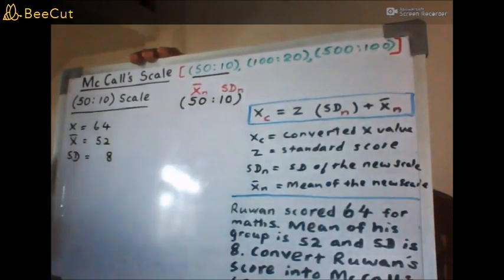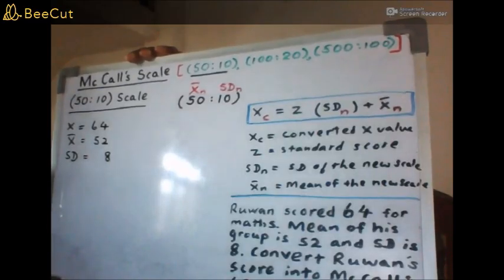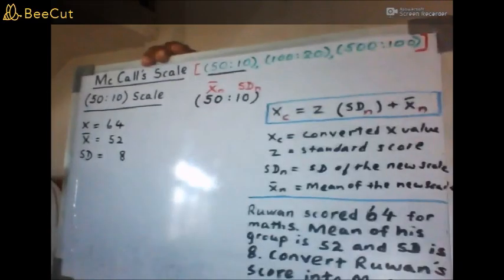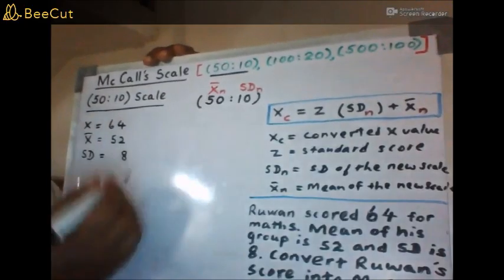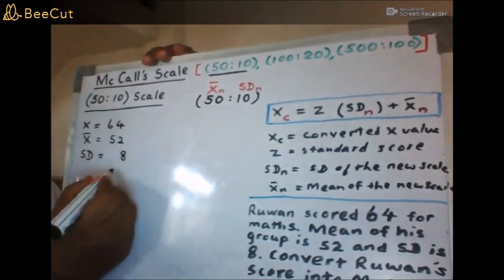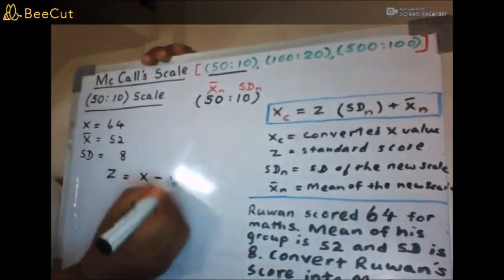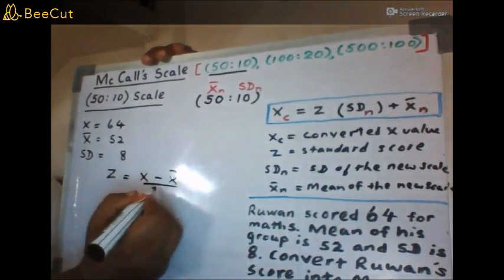Now the formula is this. Actually, this is not a new formula. You know that Z equals x minus x bar divided by SD.